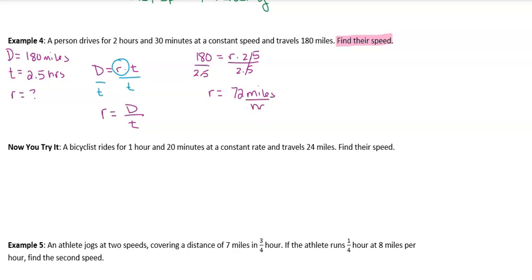The other way to think about it is to rearrange it and then plug everything in: 180 miles per 2.5 hours, which is exactly what you did up above. So these two are the same thing.